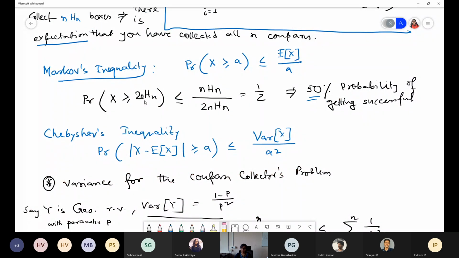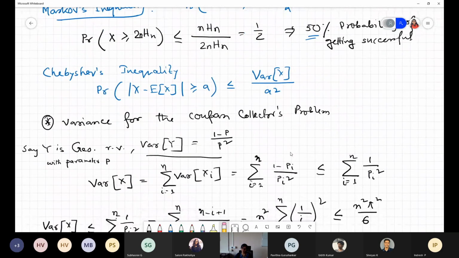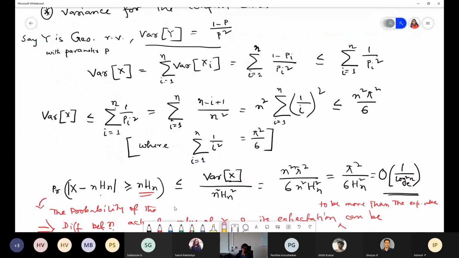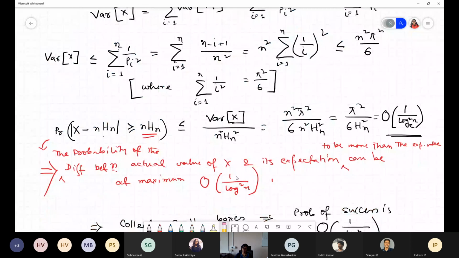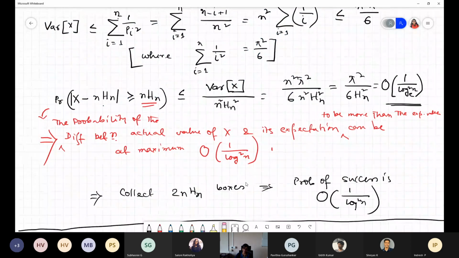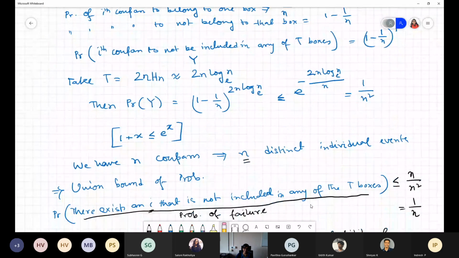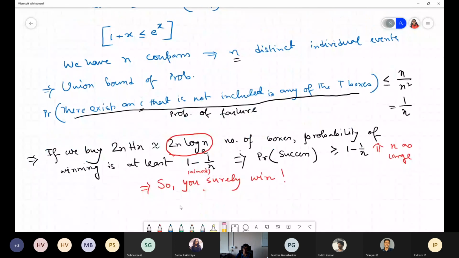I was actually taking the same value 2n Hn, but it was giving you a 50% chance. Chebyshev inequality just gives you a better chance. Even if you collect the same number of coupons, it is saying that you have a chance of winning as this. Now this classic computation tells you that you are going to be surely winning if you do this.